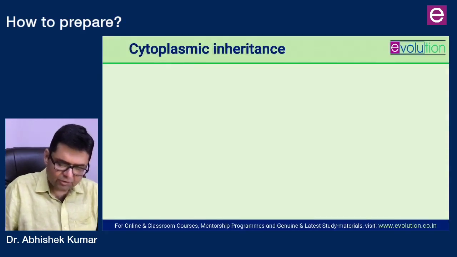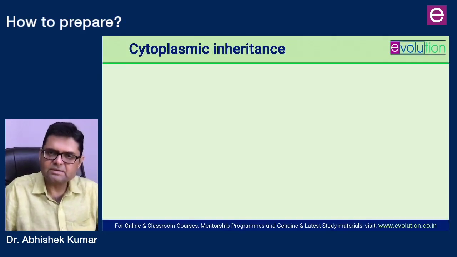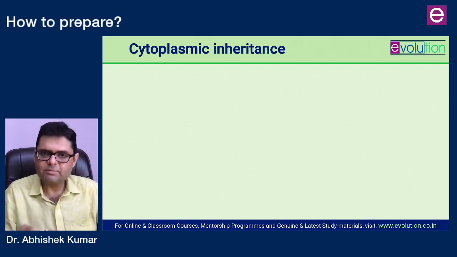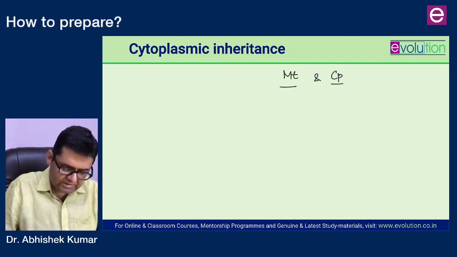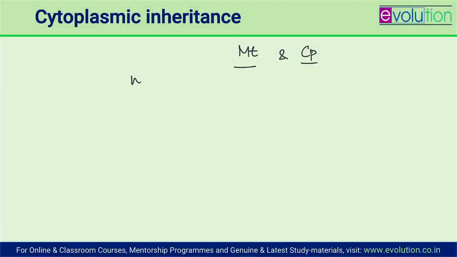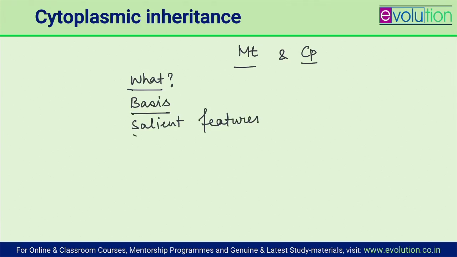After this, you come to cytoplasmic inheritance. Cytoplasmic inheritance takes place because of the organellar genome, to be precise, the mitochondrial and chloroplast genome. What is cytoplasmic inheritance? What is the basis of cytoplasmic inheritance? What are the salient features of cytoplasmic inheritance?